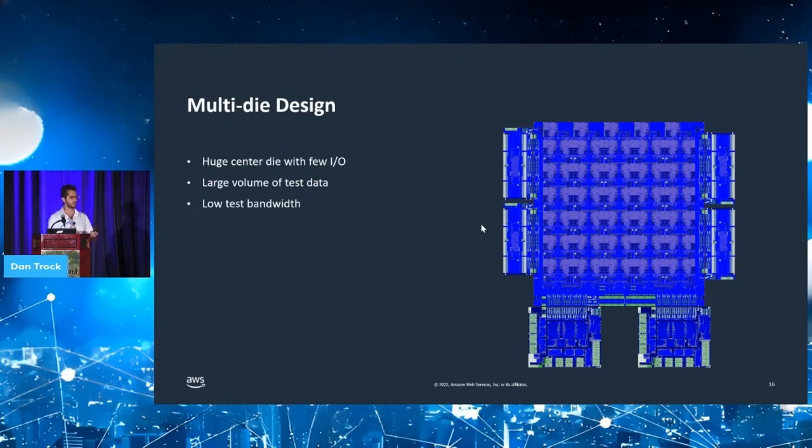Basically, all the DDR and PCI I/O went away into the smaller dies, and in the center we are left with a large chip that has very few I/Os and very low test bandwidth, but it is still quite large, and we need to drive a high volume of test data into it to test it.